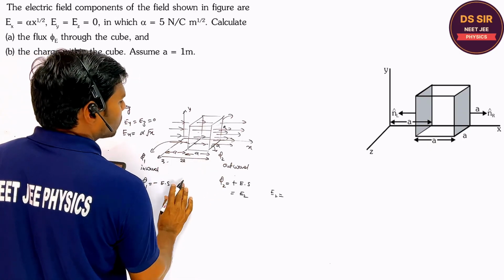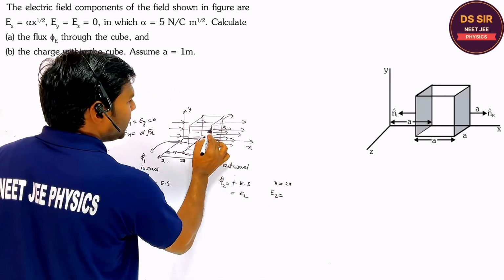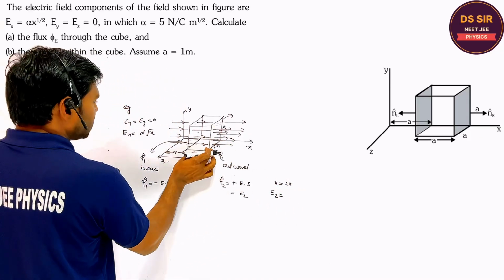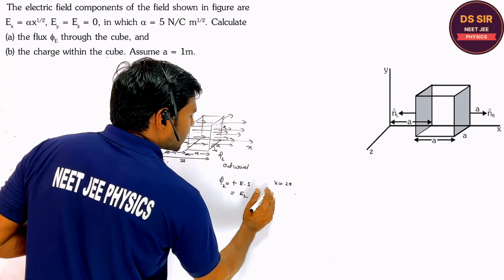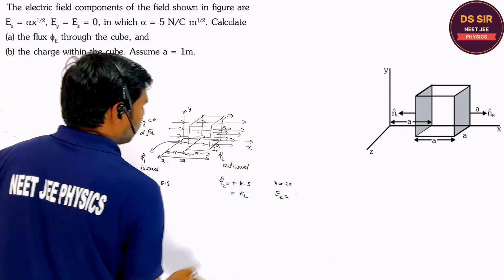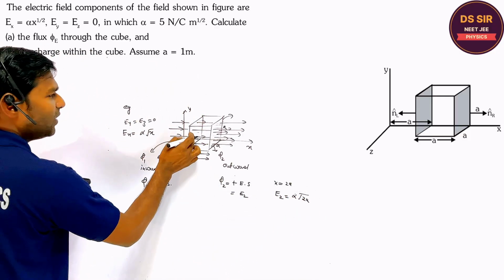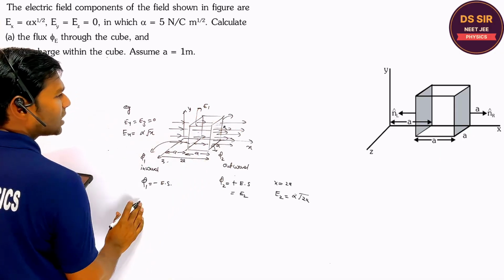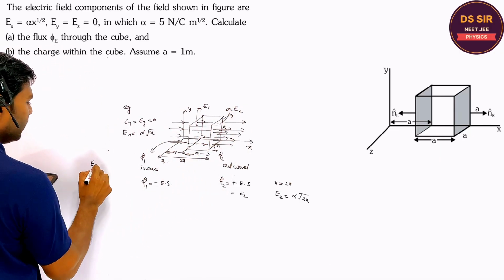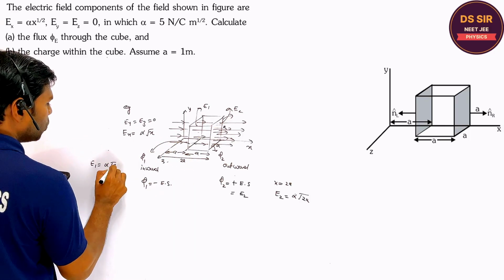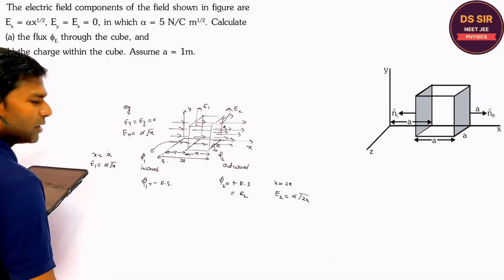Here x is equal to 2a, so E2 will be alpha root 2a. At the other point the electric field E1 will be alpha root a, because the x value over here is equal to a.